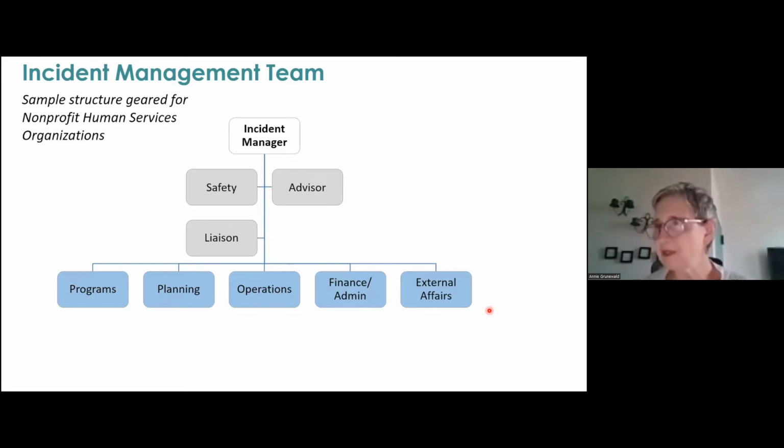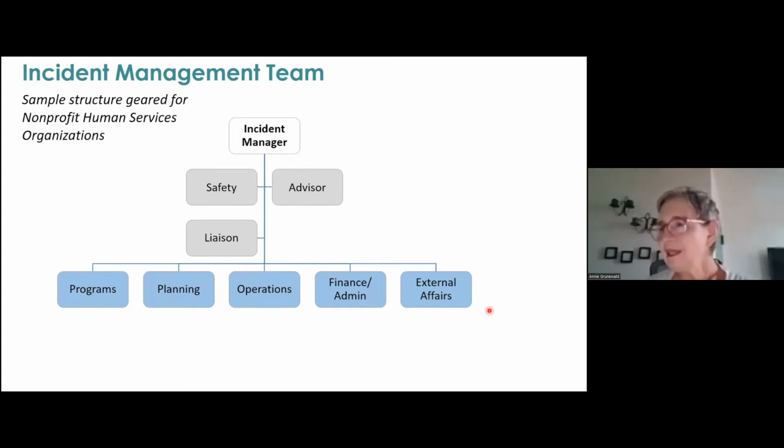The safety person is looking at, well, maybe it's not safe to have people come on the subway right now because there are a lot of disruptions in it, or the roads aren't safe, or you're at your facility and part of it is damaged and there's construction going on there. They're making sure that the places you are using are safe while that is happening.